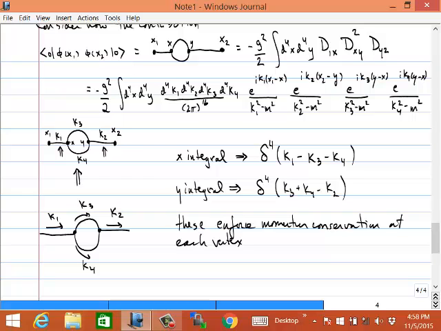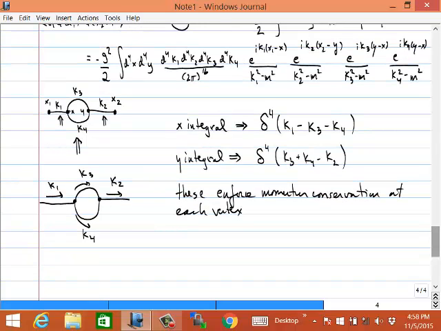Okay, so you can now use these to do one of the k integrals. Let's just rewrite this formula. So we've got a minus g squared over 2. We've now done the x and the y integrals. We have an integral d4k1 and an integral d4k2.